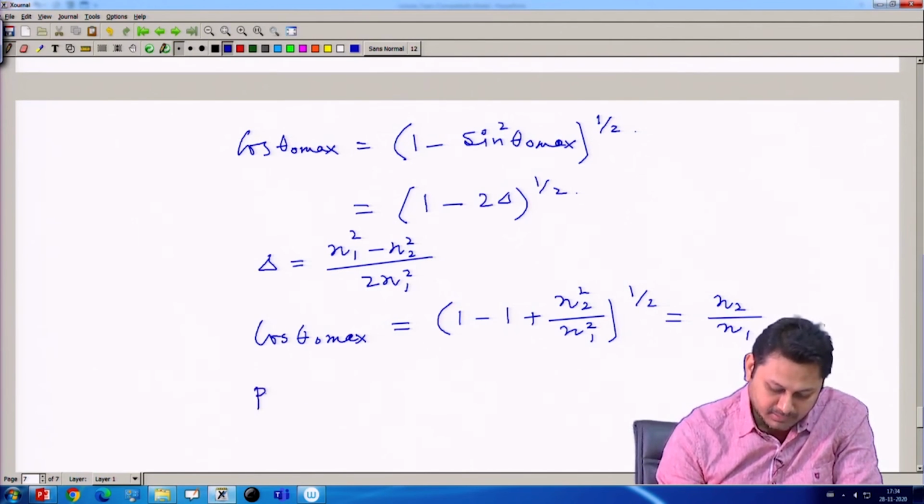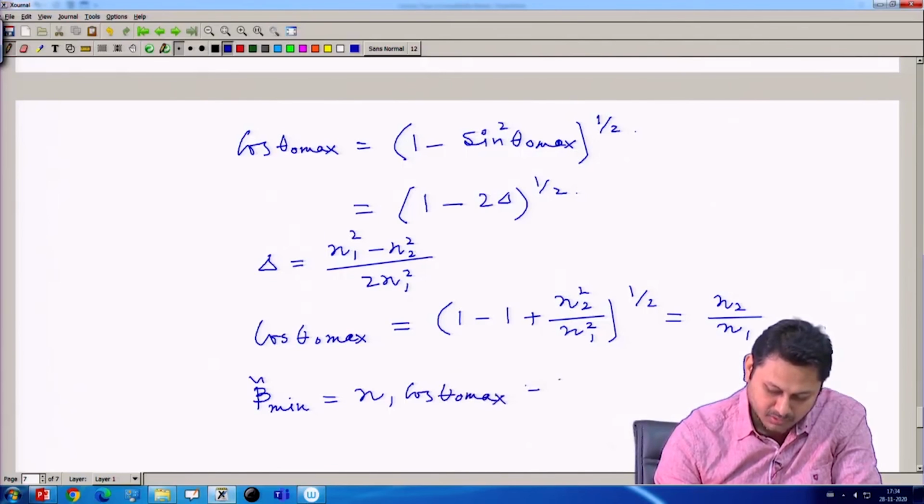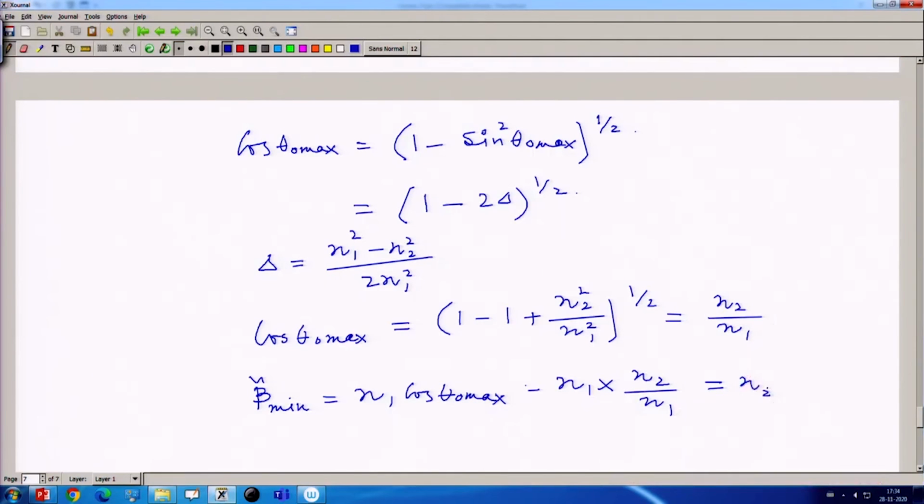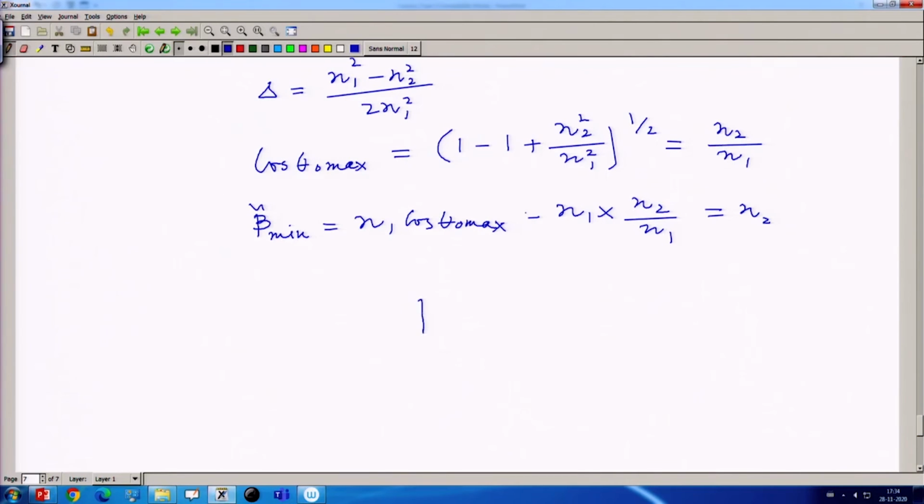So, my beta min, which is n1 cos theta 0 max, is equal to n1 multiplied by n2 divided by n1, which is equal to n2. Hence, I have a restriction over beta. So, I find the beta max and beta min, and beta tilde should be in between beta max and beta min.